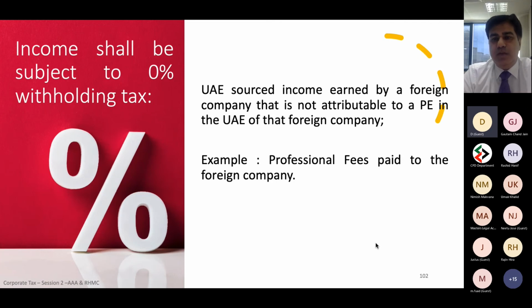An example is professional fees paid to a foreign company. There will be a withholding tax, so tax is paid, but it will not require filing any kind of returns or submissions by the deductor from a UAE company.